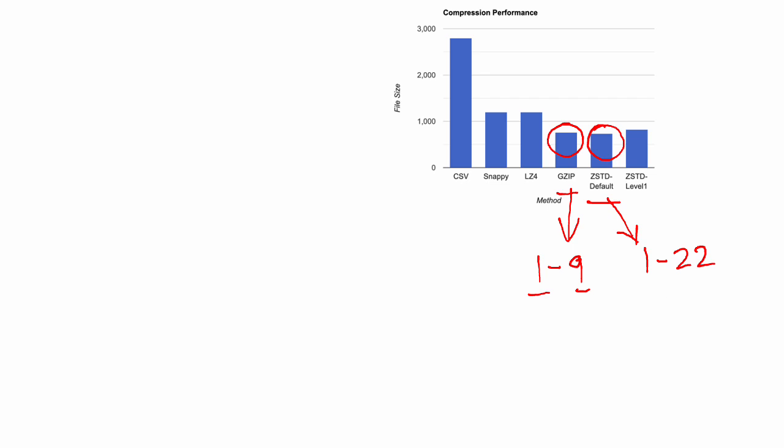The default compression level of Zstandard is 3 in Parquet with Spark. However, with Zstandard level 1, which happens to be the fastest, the size of the file was much smaller than Snappy or LZ4.